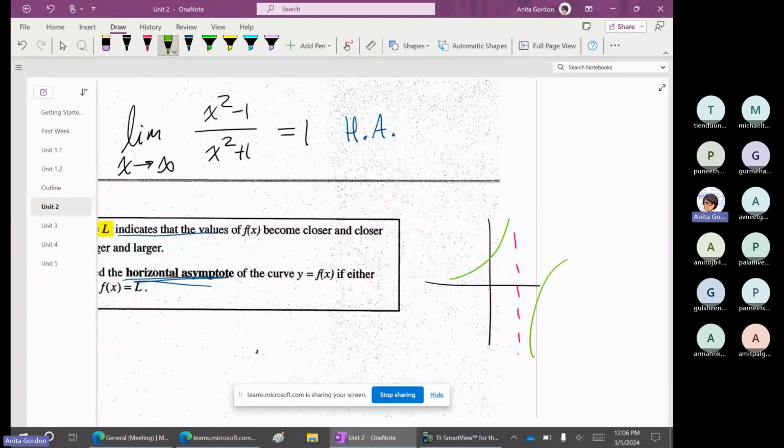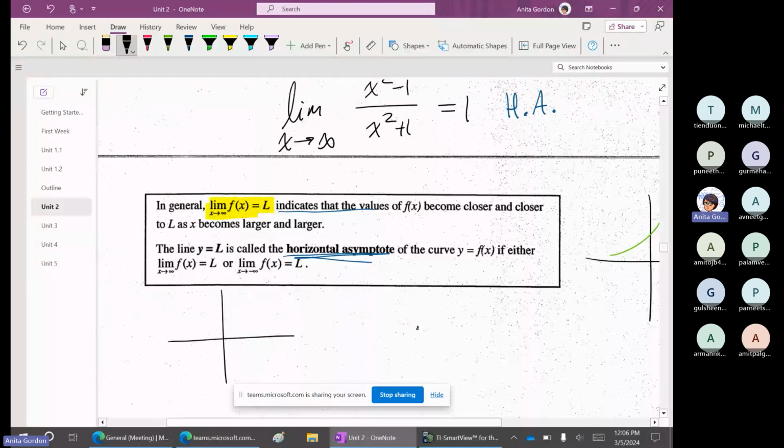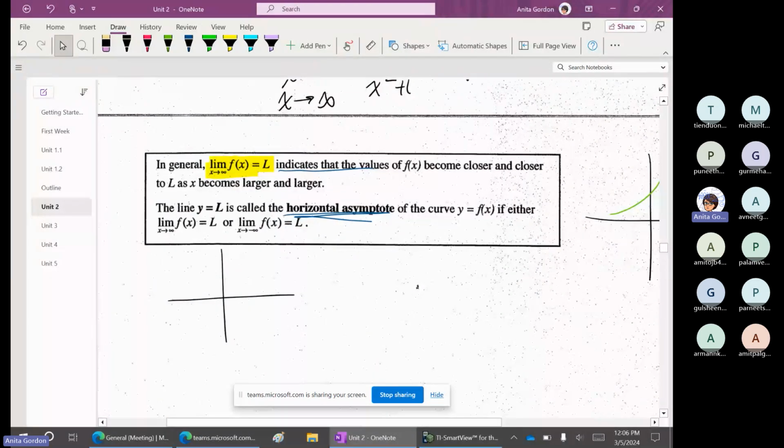The same could be said for horizontal asymptotes. So whether it goes off in the negative direction or positive direction, we are going to have different looking graphs. But the idea is we are looking for some horizontal value, some number L that the graph will approach. So like this and like this could be an option. Okay. So the horizontal asymptote requires that x go to infinity.